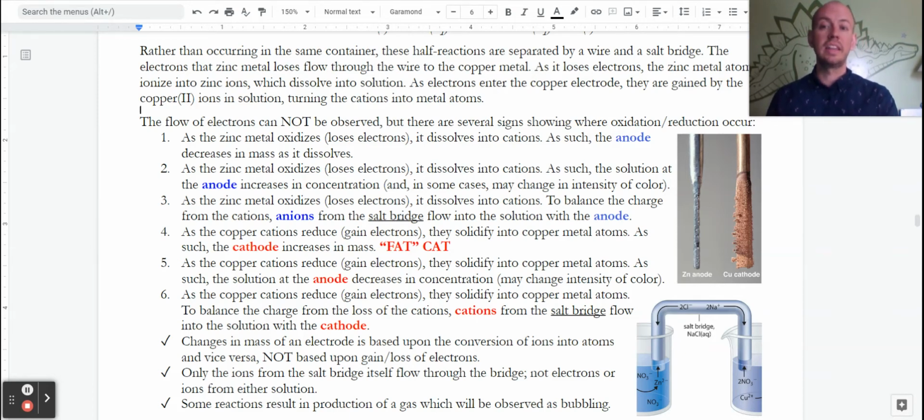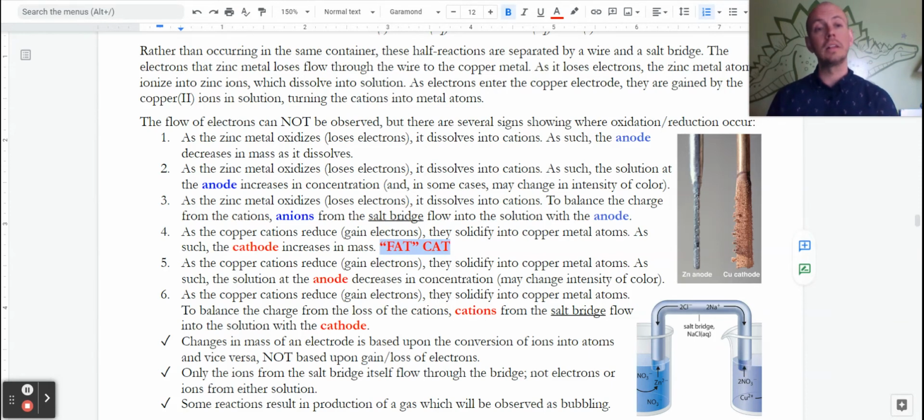When we look at the other side there, the copper cations used to be dissolving around. They are turning into solid copper atoms, and it's increasing in mass. We said before, fat cat meant the electrons went from anode to cathode, but that also reminds us that the cathode gets fatter. So as they reduce, our ion solution goes down.